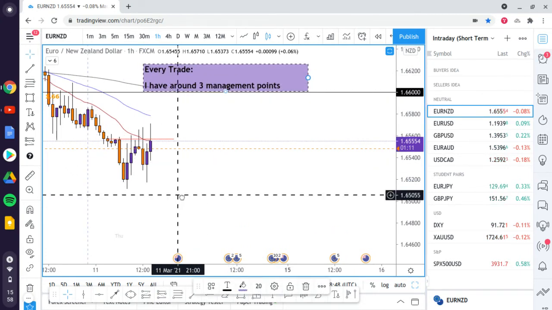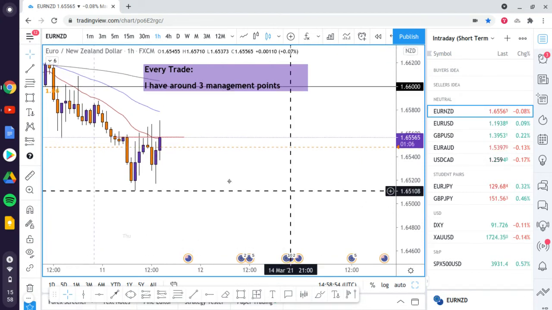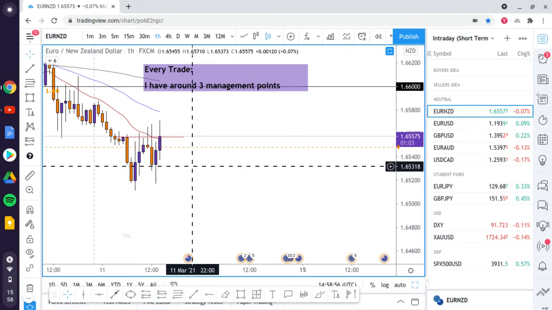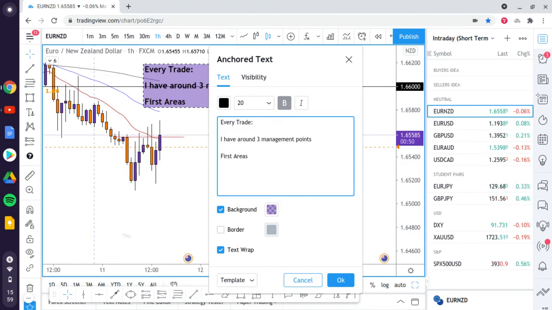So the first area is usually the opposite side of structure, origin, well, immediate structure. So immediate structure on the 1 hour, 4 hour, depending on the trade.